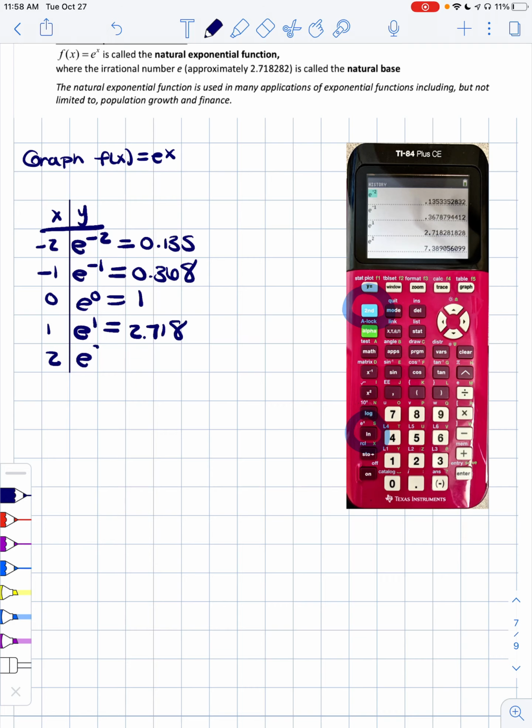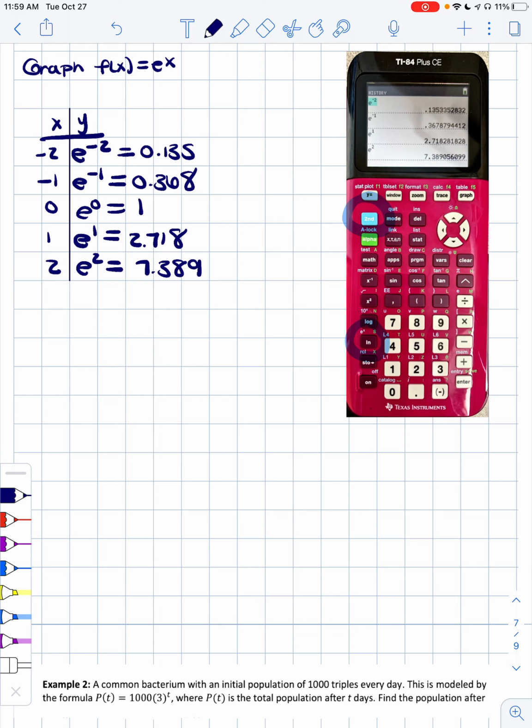And then e squared, again, I'm doing second, ln, putting in my exponent of 2, and then enter. And e squared is approximately 7.389. So they're not pretty numbers, but that's okay. Now we're going to graph this like we've done all of our others.